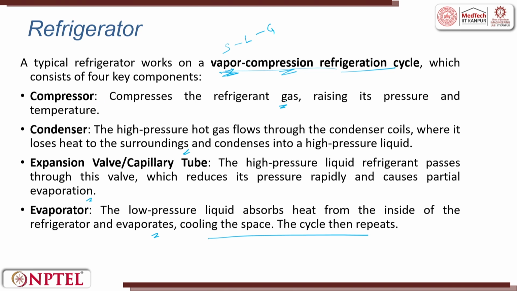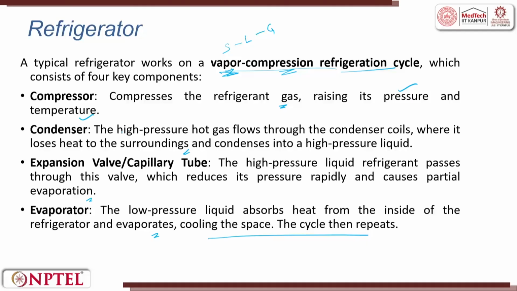The compressor takes in gas, so it is compressed. When the gas is compressed, pressure and temperature go high. Once it is compressed, what happens? It can't be kept on compressing. Then it condenses. The high pressure hot gas flows through a condenser coil where heat is lost to the surroundings and it condenses into a high pressure liquid.